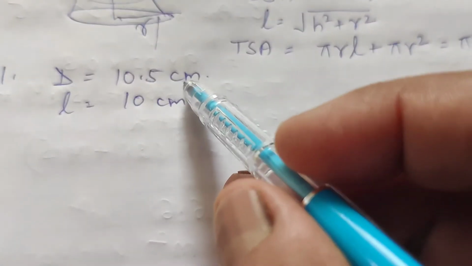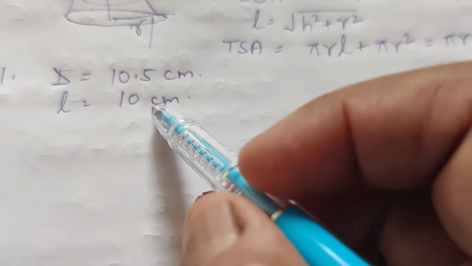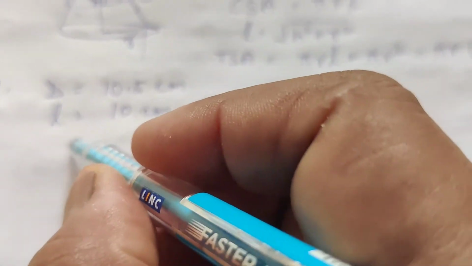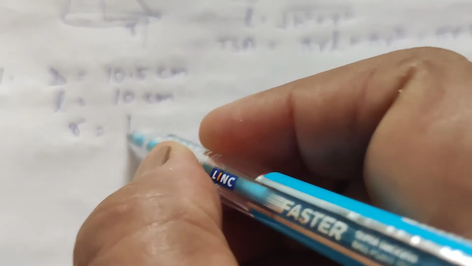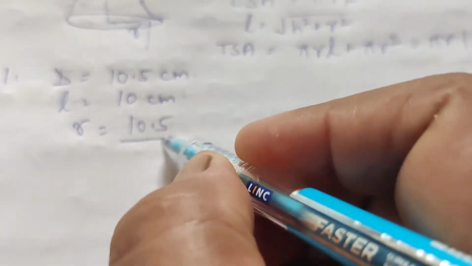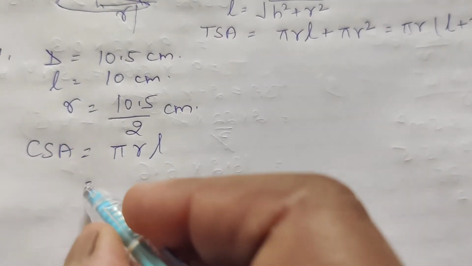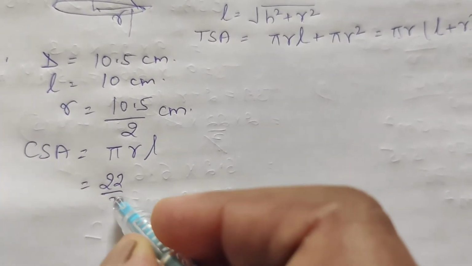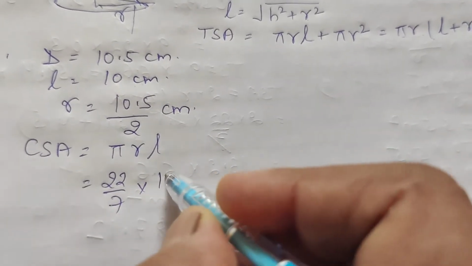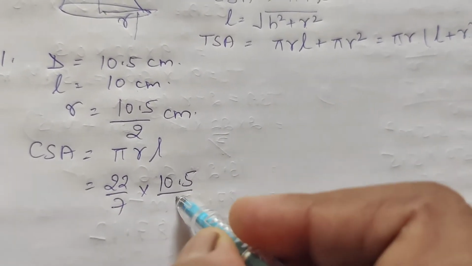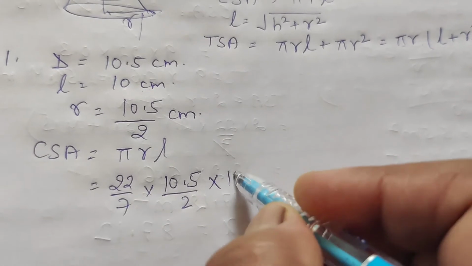Diameter is 10.5 centimeter and the slant height L is 10 centimeter, so radius equals 10.5 by 2 centimeter. The formula of CSA of a cone is pi r L, where pi equals 22 by 7, r equals 10.5 divided by 2, and L is 10.